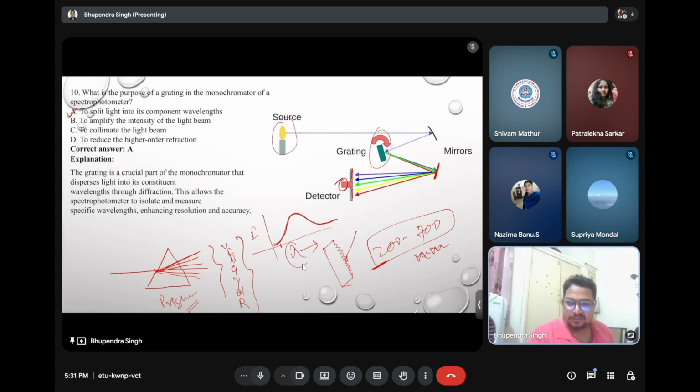So basically you will get some intensity something like this, maybe higher here or something like this. I don't know, I'm just giving you an example. So that is why it is important to select only a particular wavelength. That is why you are getting this data.